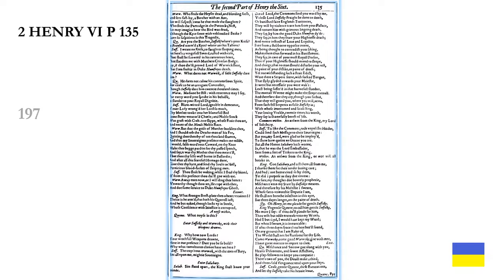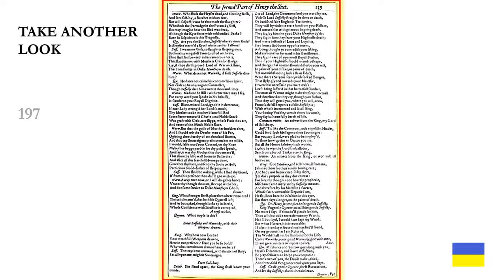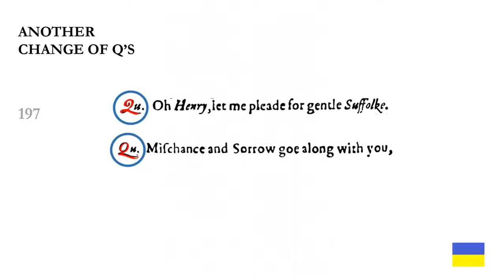The only other place that I found this special Q so far is the second part of Henry VI and page 135 of the folio. Take another look. We have another change of Qs. The left-hand column has the Qs without the little swirlies in the center, but the right-hand column shows one line that has the fancy symbol for squaring the number.